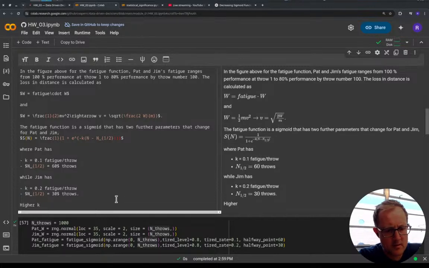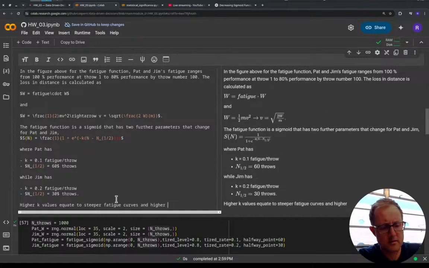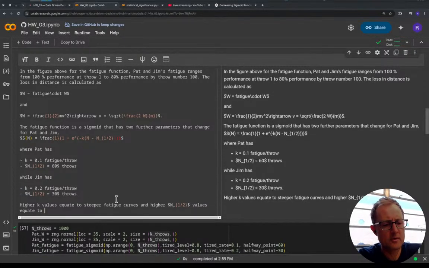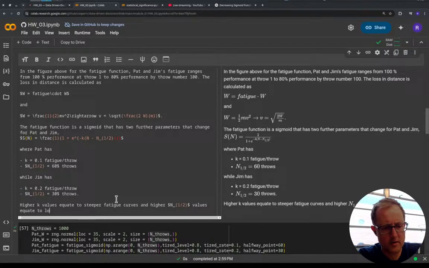Higher k values equate to steeper fatigue curves, and higher n sub 1/2 values equate to longer performance, something like that.